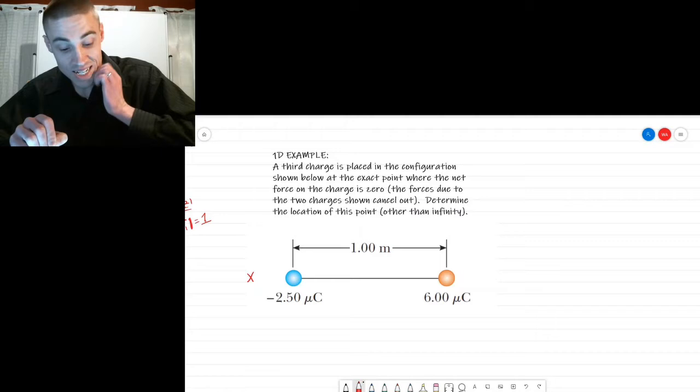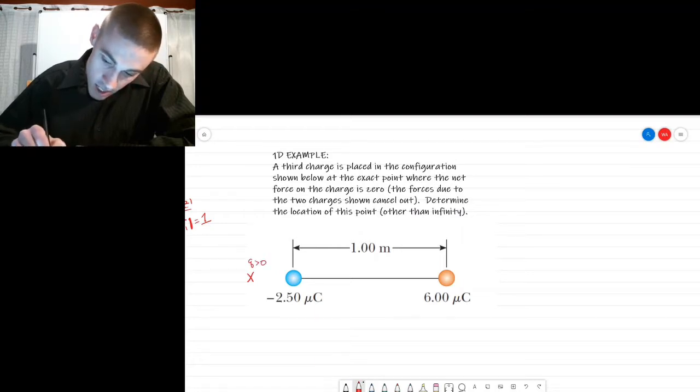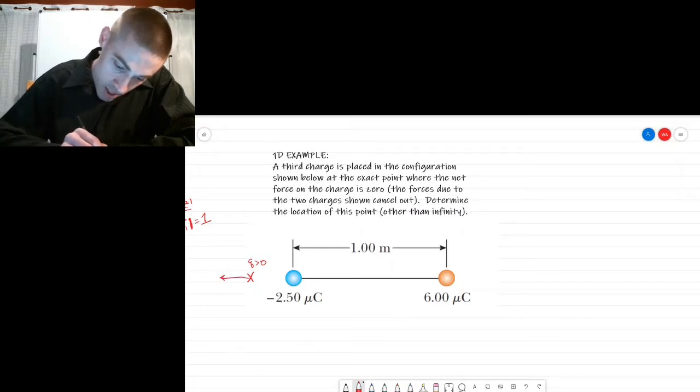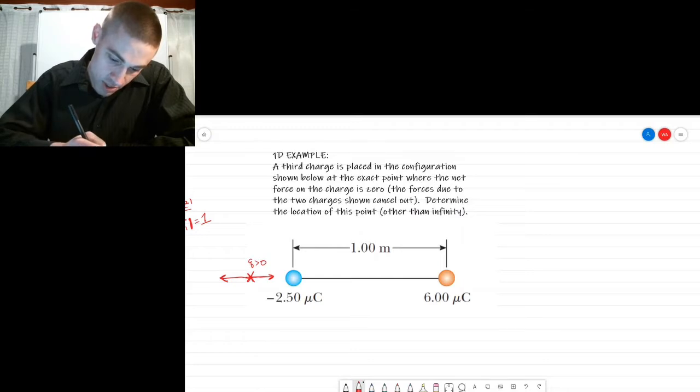So let's take a point then over here. Let's say if it was a positive charge placed over here, then this is also a positive charge, so this guy would repel. There would be a repulsive force here, and there would be an attractive force here. And it's possible that they could balance at this point. So let's label our charges. Let's call this Q1, Q2, and Q3.